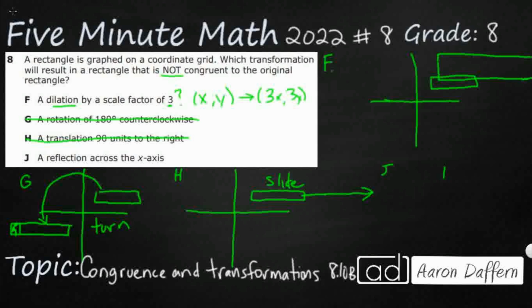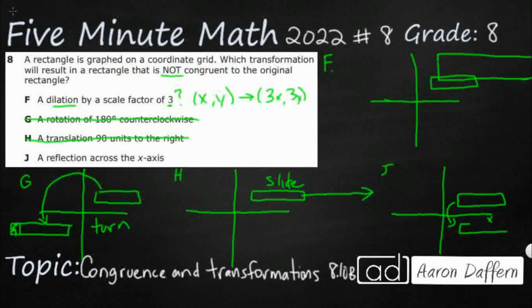Let's check J. All right, so here's my J. Try to get my same rectangle or something close. All right, so I'm going to reflect it across the x-axis. So here's my x-axis. And so what we do is we flip it.